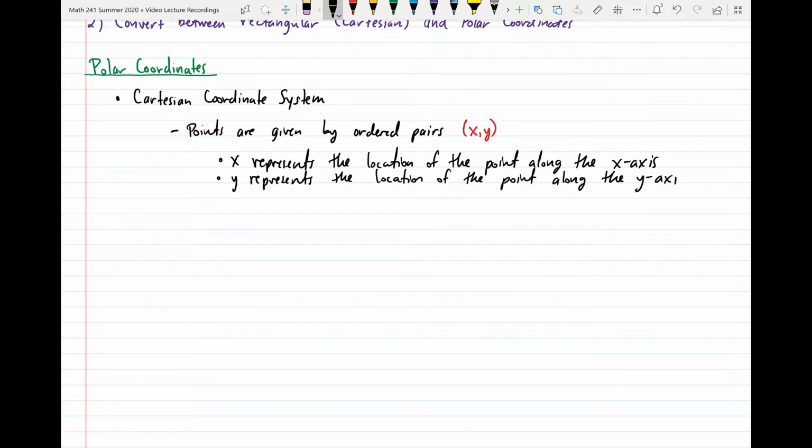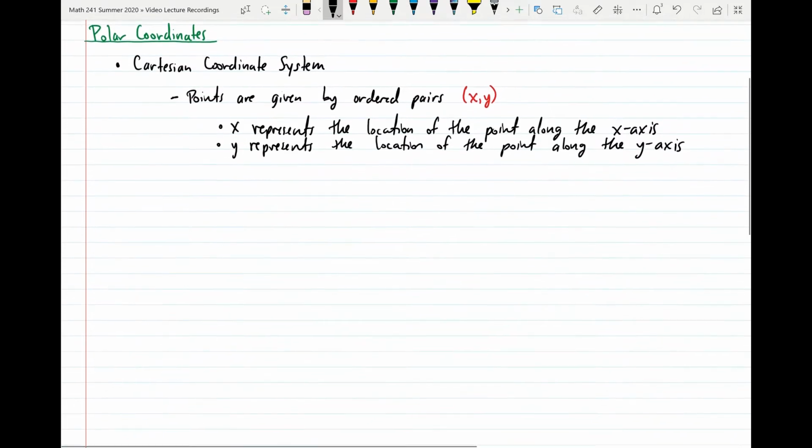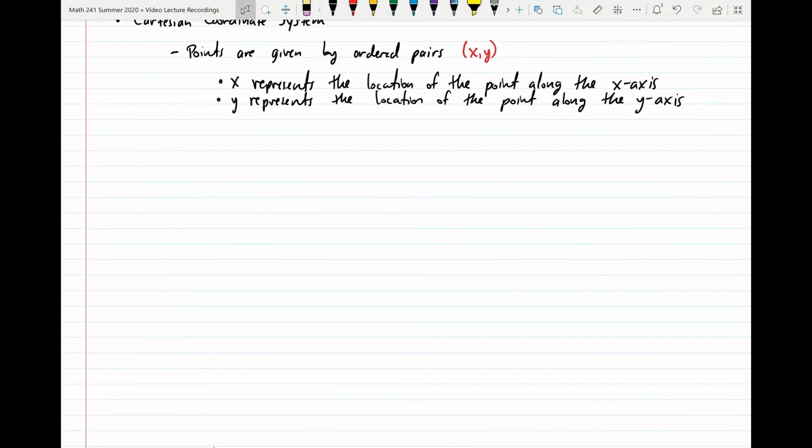So let's draw a picture for this. Again, you're probably quite familiar with this system of plotting, but it's okay to think about exactly what's going on, and it'll lead into polar coordinates nicely.